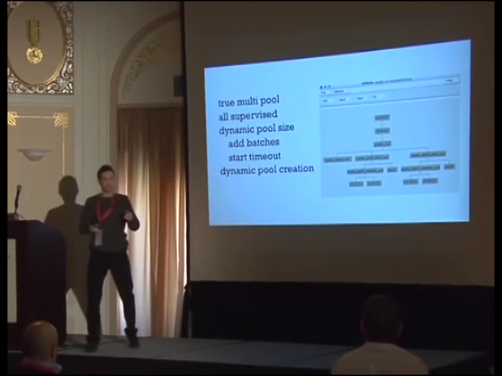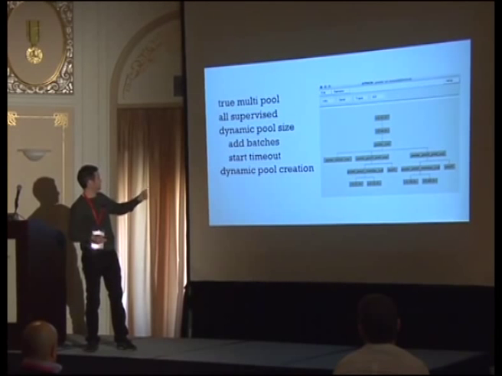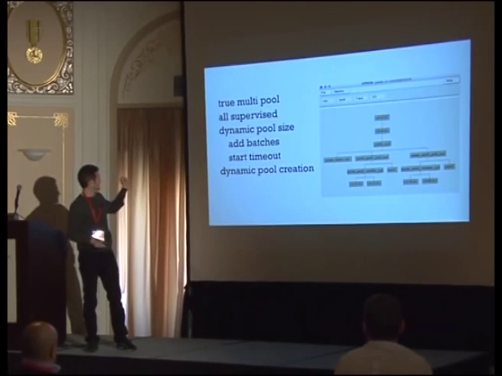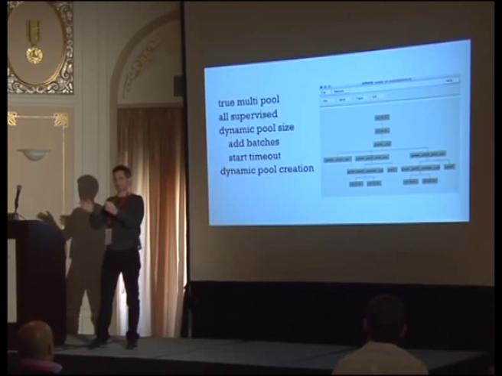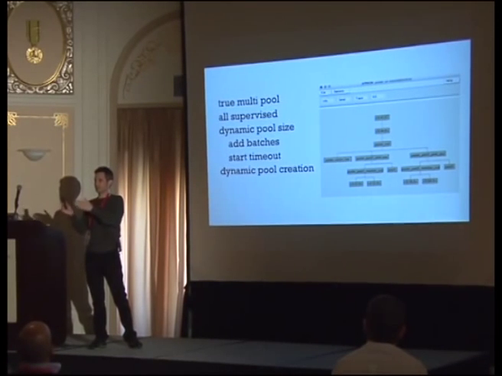So with that, we've got the multipool support. We've got everyone supervised. We've got the dynamic pool size. I've got it set up so that it adds batches of pool members in parallel.